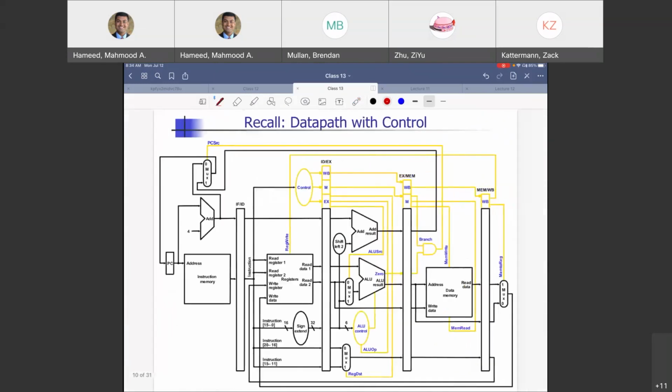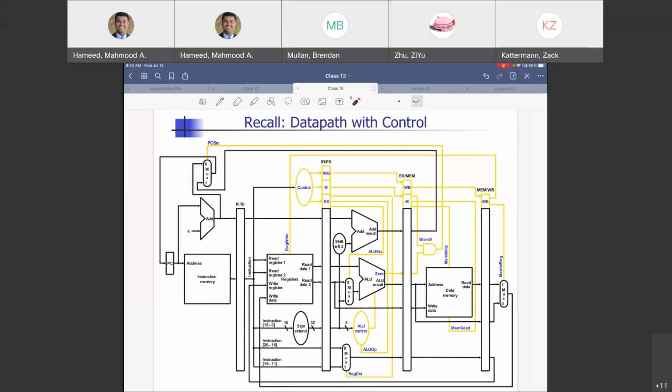So this is your data path with the control. 5 stages, 4 interstage pipeline registers. There's no need to talk about these things again. One thing that I would like you guys to notice is this. There's a PC source control signal, which is controlling what your PC will be updated with.